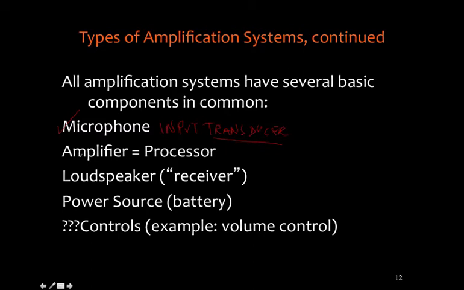Another aspect of all amplification systems will be some kind of amplifier or processor, something that acts on that input signal. The input signal has to be transformed in some way. It has to have energy added to it.